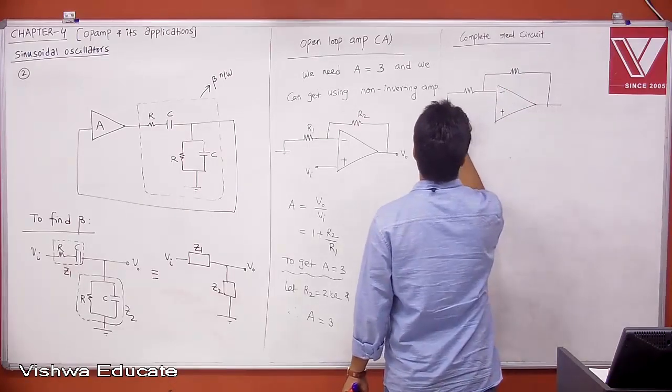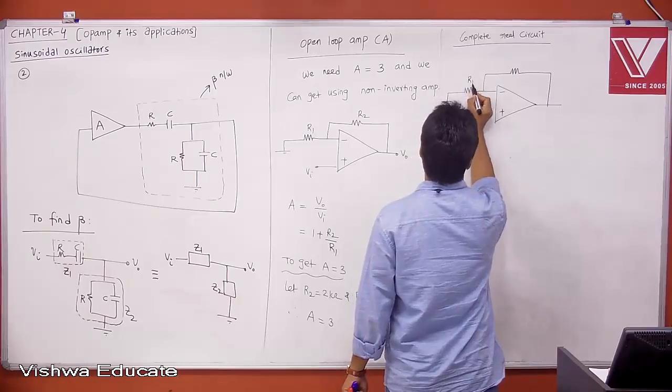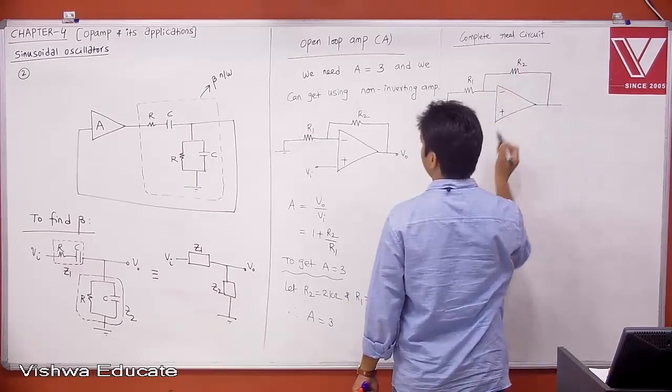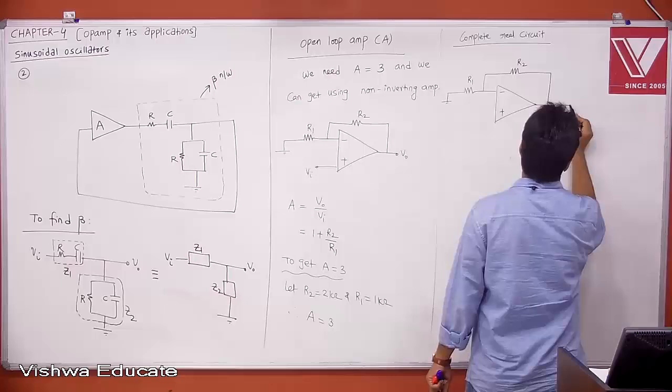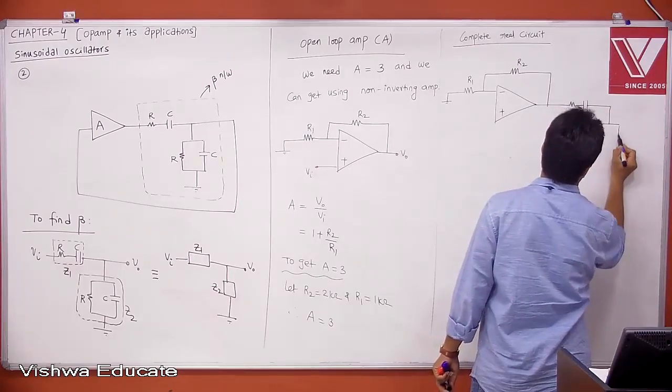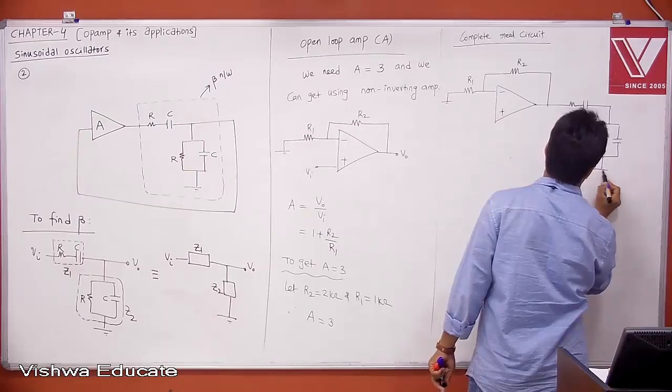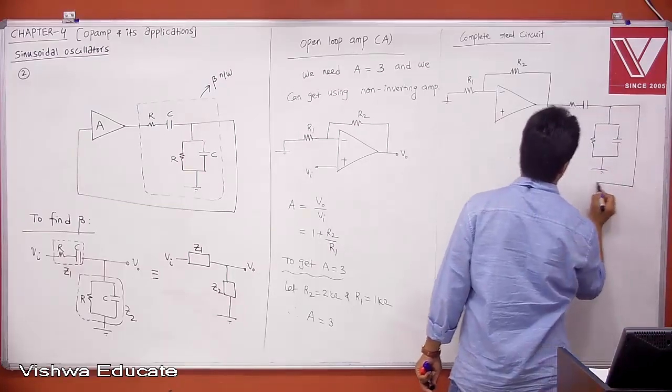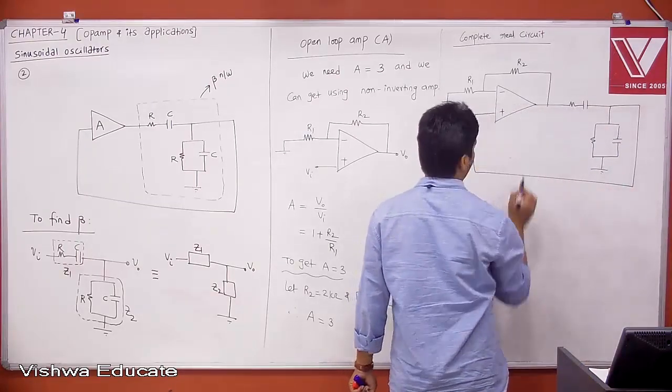This is ground, this is R1, R2. Now the output of that goes to series RC, parallel RC, and this output goes to the input of your amplifier.